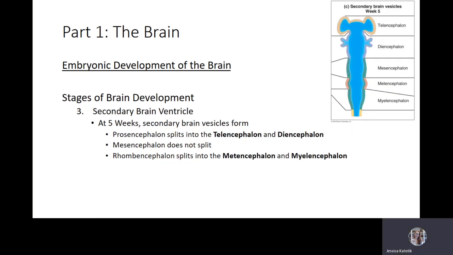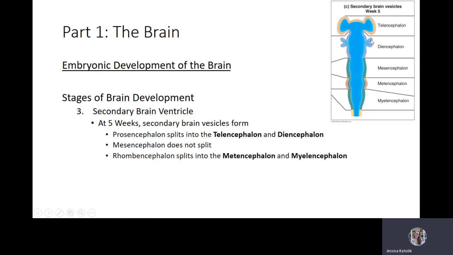During week 5, we're going to develop the secondary brain ventricles. The prosencephalon is going to develop into the telencephalon, which will eventually become the cerebrum. And it will also become the diencephalon, which will stay as the diencephalon.